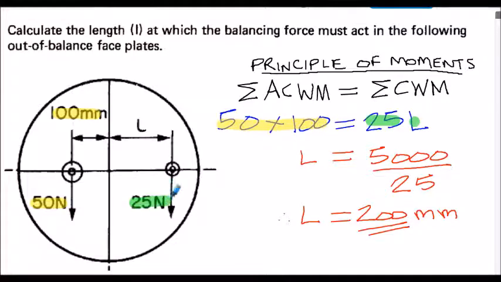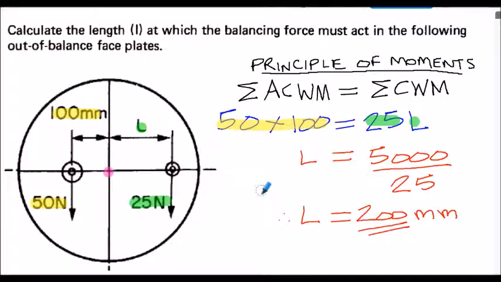So 25 newtons applied here, and then distance L here. Just the principle of moments. I want to balance that in a rotational sense about the origin. Don't forget, we always take moments about a point, so the origin is where we're taking moments about here. I would just divide the 5,000 there by the 25 to get 200 millimeters. 200 millimeters would be the length that we're looking at in that particular case.